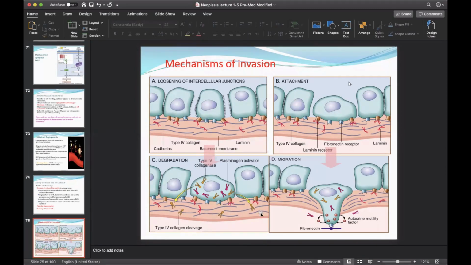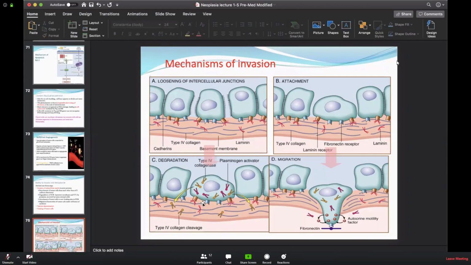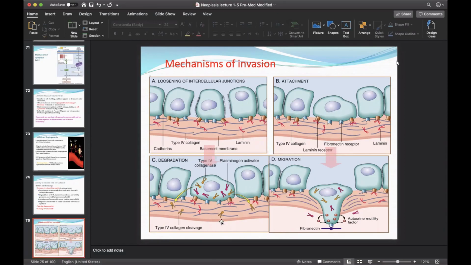This step is very important because it allows the cancer cell to change from carcinoma in situ to invasive carcinoma. Why? Because it has to go through the basement membrane to reach the lymphatics and the blood vessels.